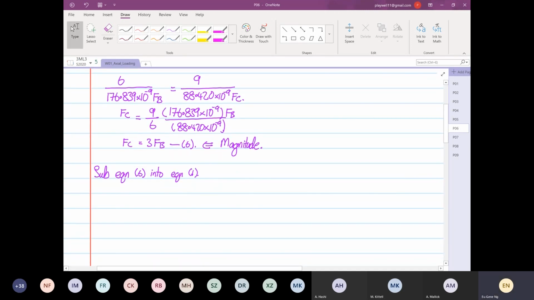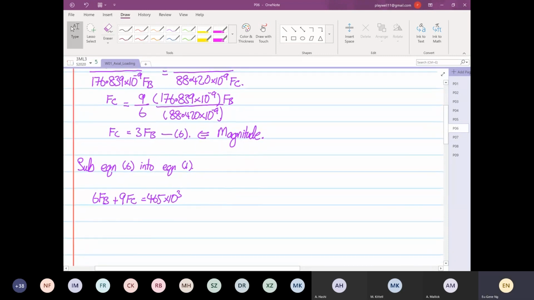So if you look at equation number 1, you have 6 FB plus 9 FC will be equal to 465 times 10 to the power 3. Okay, so this is your equation number 1.